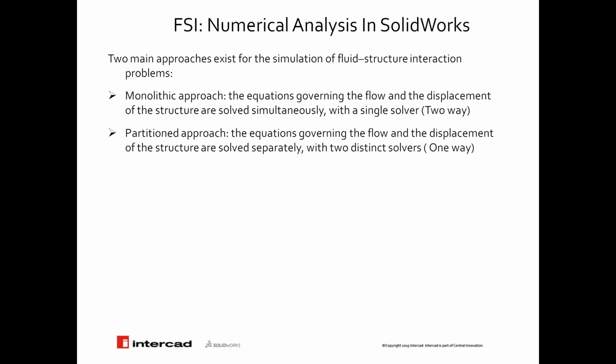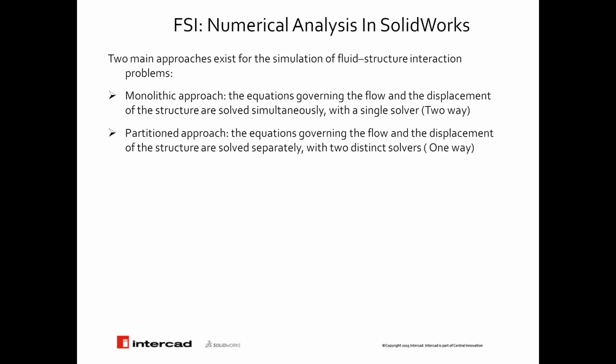So you have a flow domain, you solve it, and then the fluid forces such as pressure or shear are transferred to the structure, and separately, due to those forces, you solve the structure. This scheme does not feed back the update of the structure to refresh the fluid domain. This is also called one-way FSI.